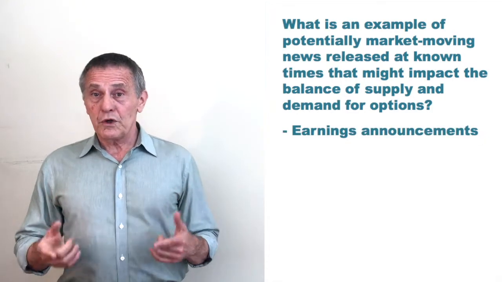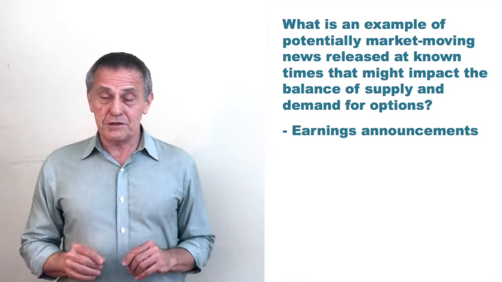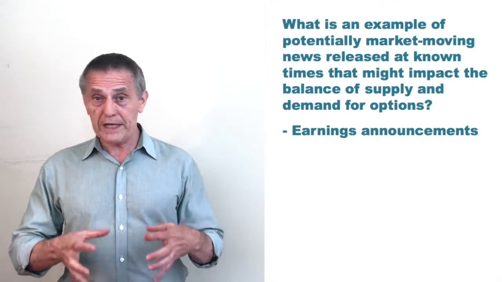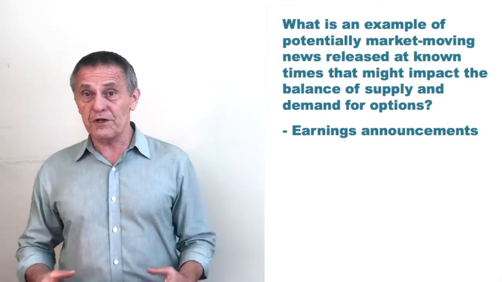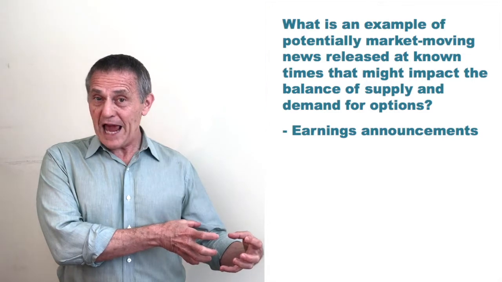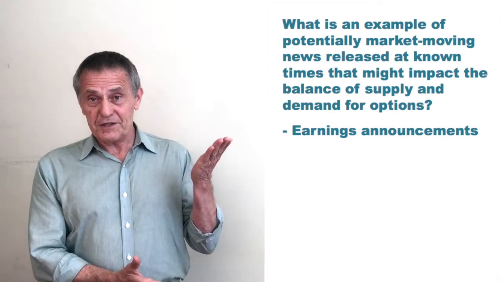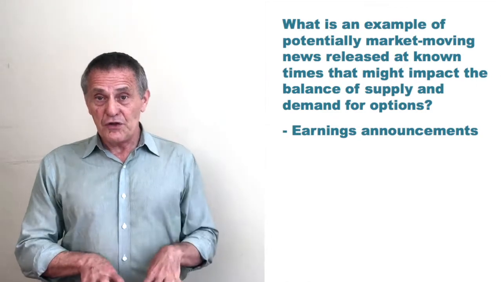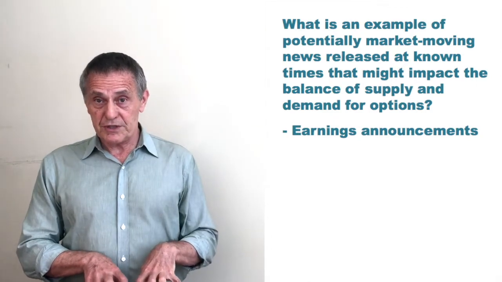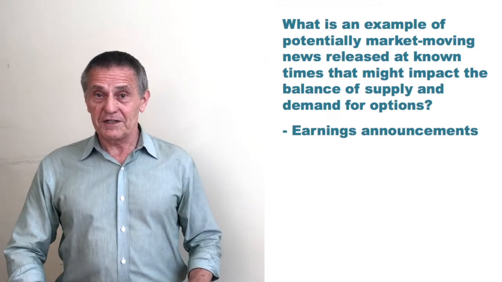Now, if one were to look at the implied volatility as calculated, as discussed previously, and you look at option series expiring before the earnings announcement versus the options series expiring after the earnings announcement date, there's a dramatic difference in the implied volatilities. Those option series expiring before the earnings date will have lower implied volatilities.